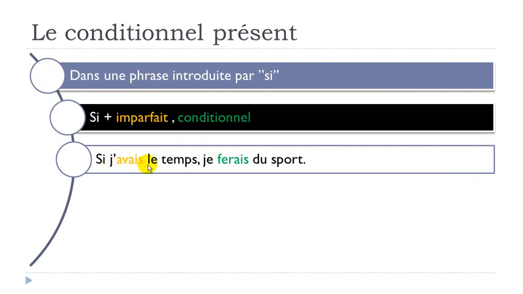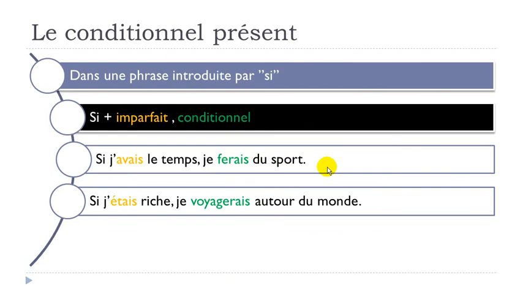Okay, so let's take one example. Si j'avais le temps, je ferais du sport. So si j'avais le temps, so if I had, it's the same in English. Si j'avais le temps, so time, je ferais. Remember, it was faire, to do, but then at the conditionnel form, du sport. Okay. Another example. Si j'étais riche, so riche, rich, étais, it's to be, remember.